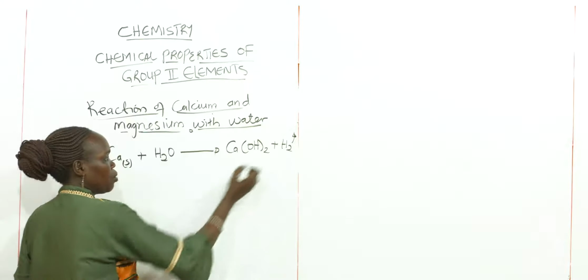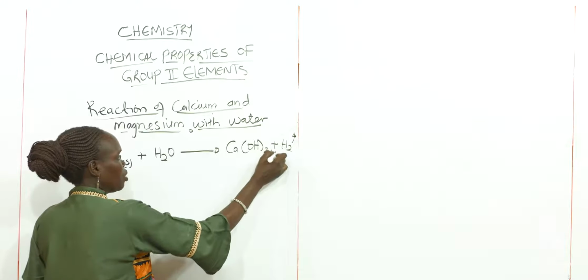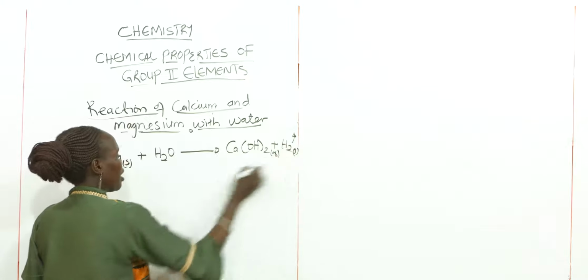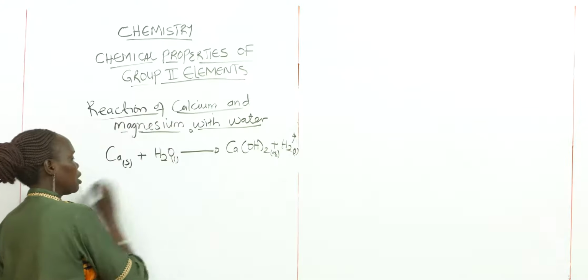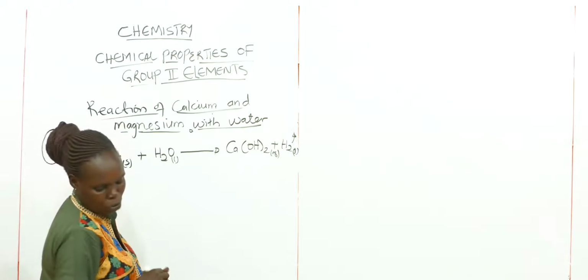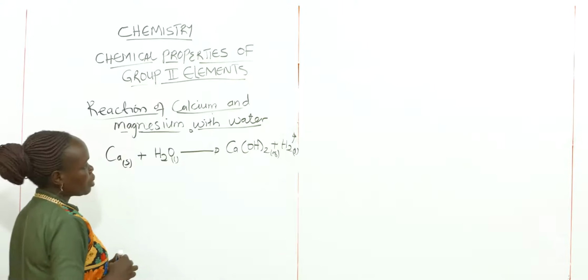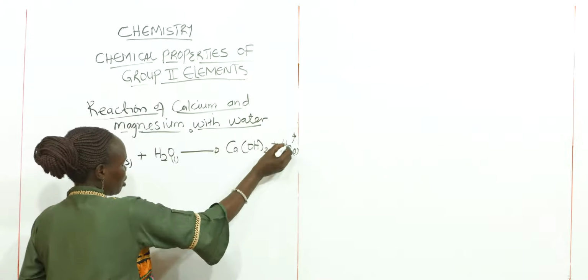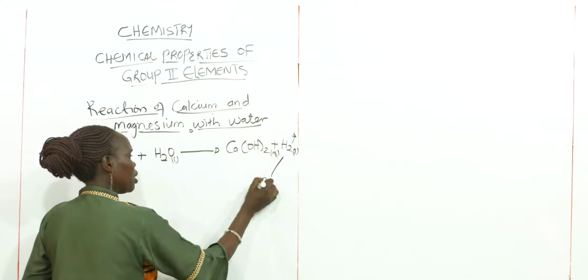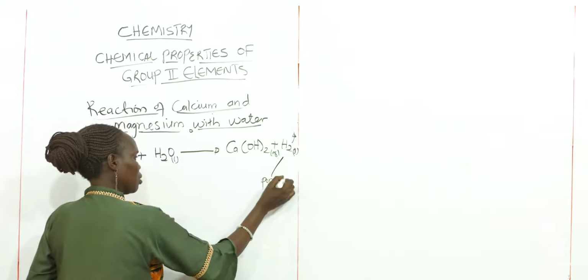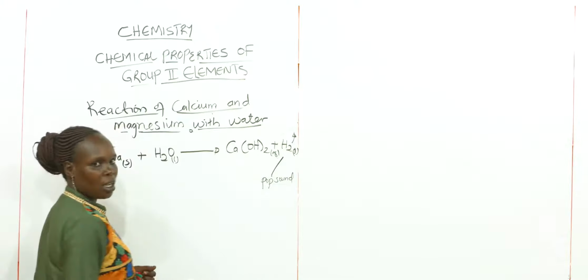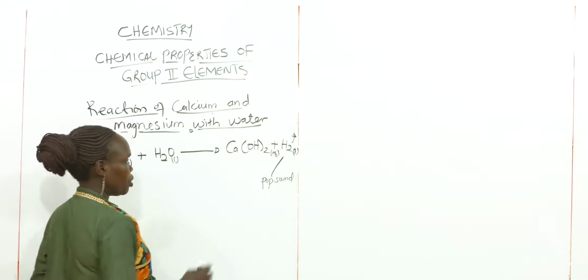So here we have an aqueous solution, here we have a gas, here we have a liquid, and here we have a solid. So here we are going to show that the hydrogen gas produces a pop sound. So we show that this is hydrogen gas present in the solution.